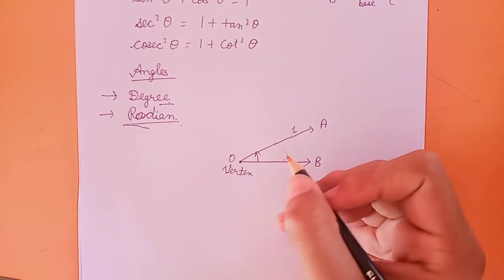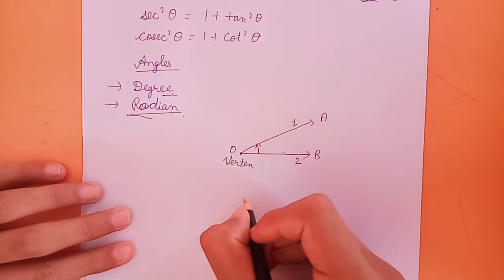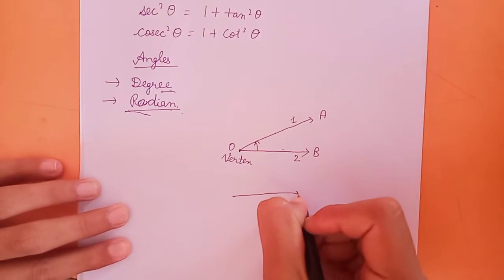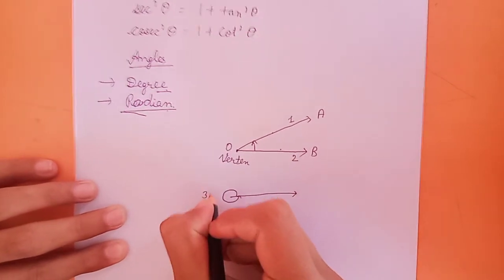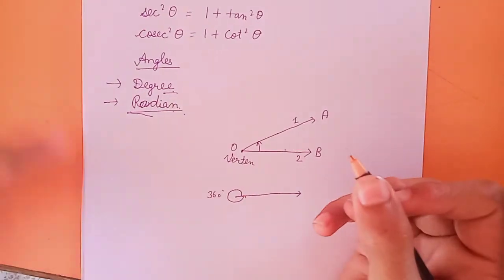Okay. Now what is 1 degree? You all know that this complete rotation is our 360 degree, because it is a complete angle.